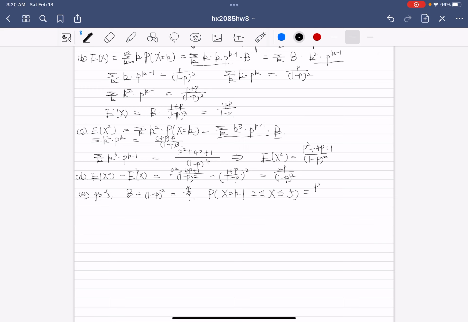We can represent it as the probability of x equals k, divided by the sum from k equals 2 to 5 of the probability of x equals k.